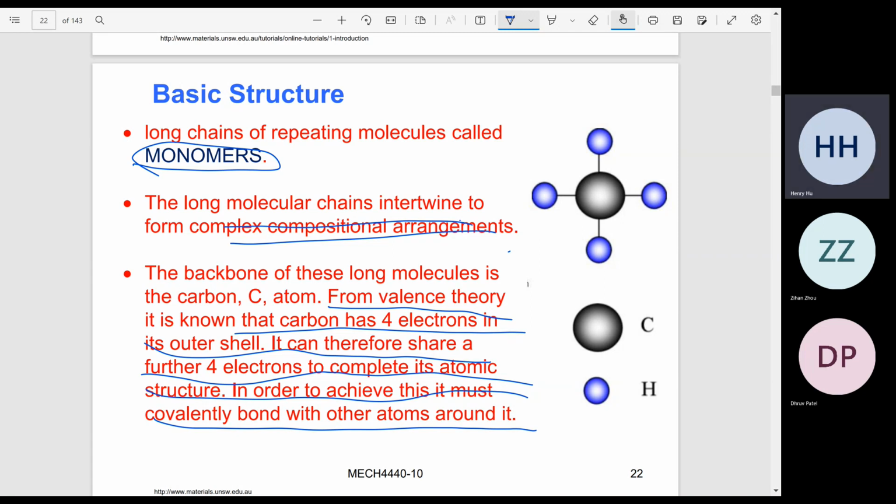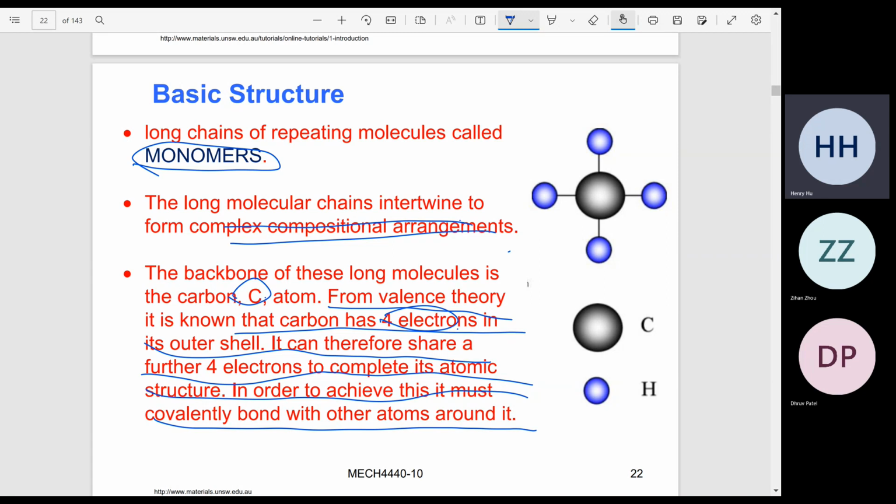So basically, you need carbon involved in the polymer material. From the valence series, because carbon has 4 electrons in its outer shell, a carbon can share those 4 electrons with other atoms, either hydrogen, carbon, nitrogen, oxygen, or whatever, through either covalent bonds and other types of secondary bonds.